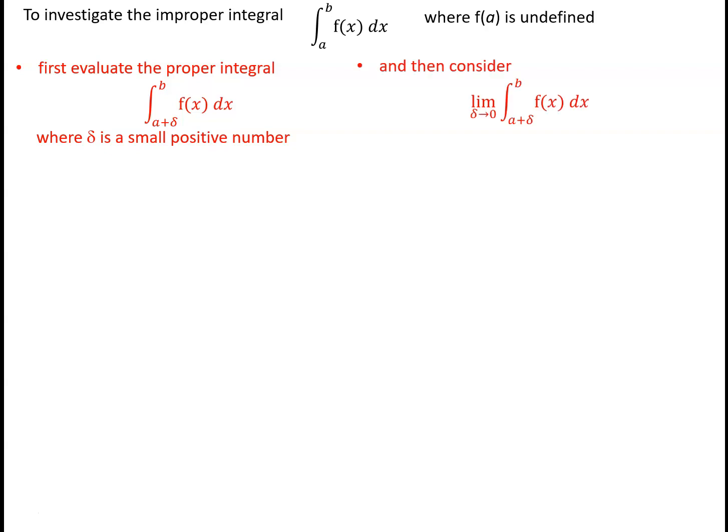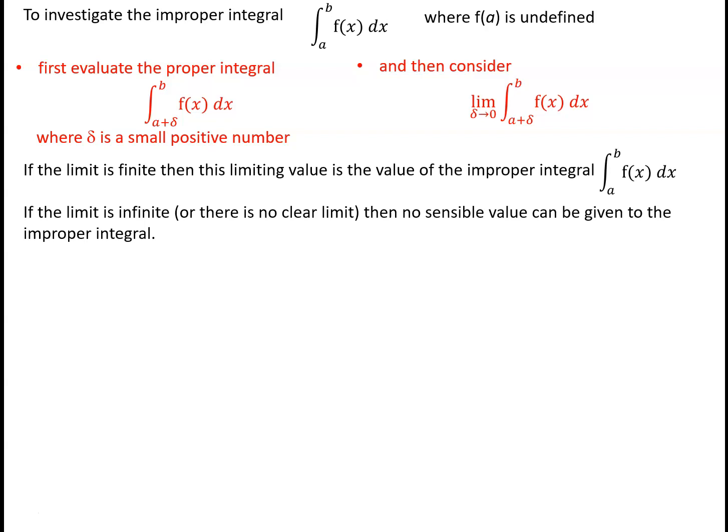We then consider what happens as delta tends to 0 to the value of that integral. If the limit is finite, then this limiting value is going to be the value of our improper integral. If the limit is infinite, or there is no clear limit, then no sensible value can be given to the improper integral.